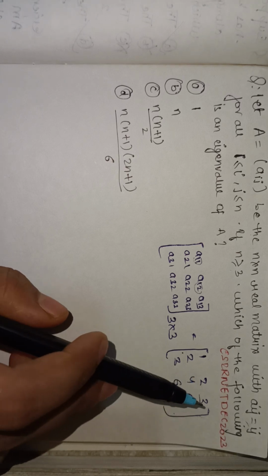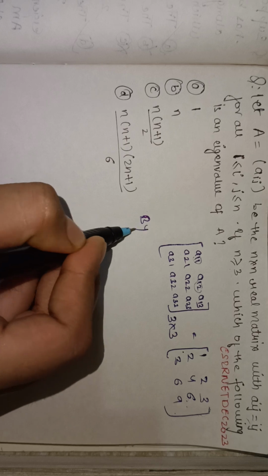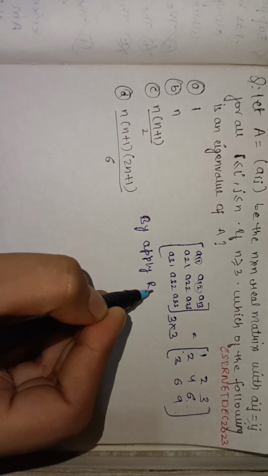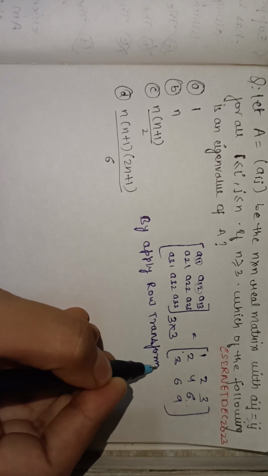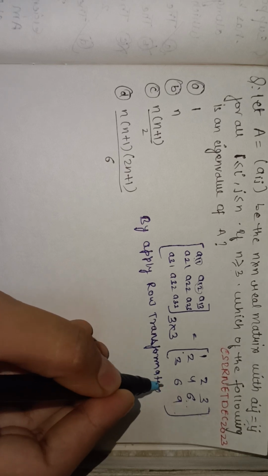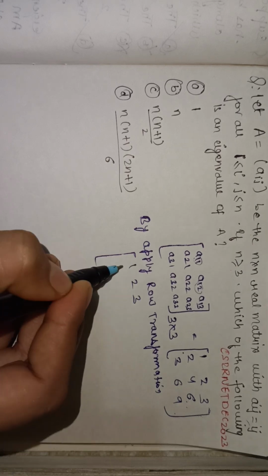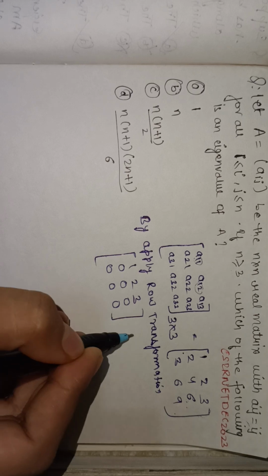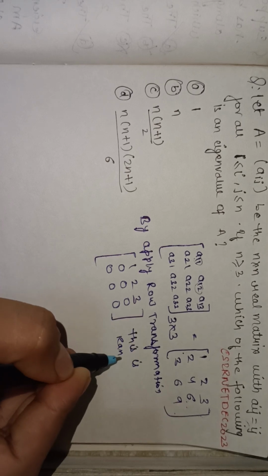So if the matrix is of rank 1, by applying row transformation we obtain this type of matrix: 1 2 3 in the first row, and the other rows 0 0 0 and 0 0 0. This is a rank 1 matrix.